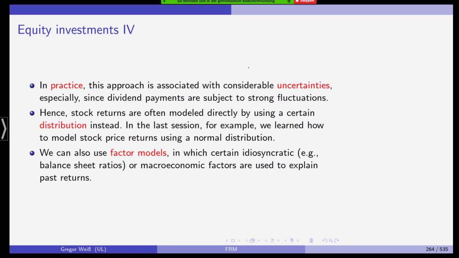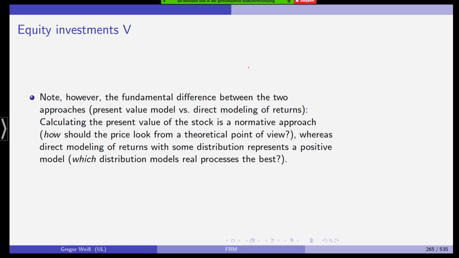But this is just a different way of modeling the stock returns. However, note that the fundamental difference between the two approaches, first of all, present value model versus a direct modeling of the returns, is that calculating the present value of the stock is a normative approach. So how should the price look from a theoretical point of view? What is the theoretical price of the stock?